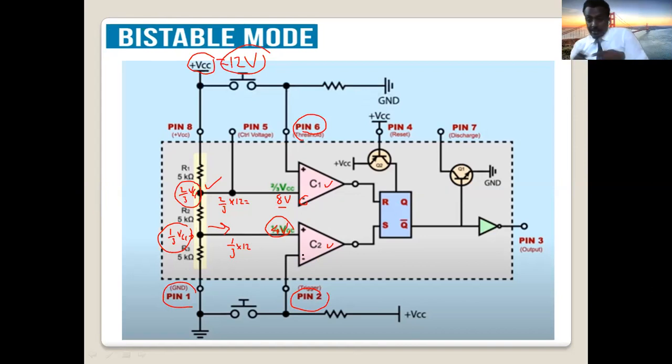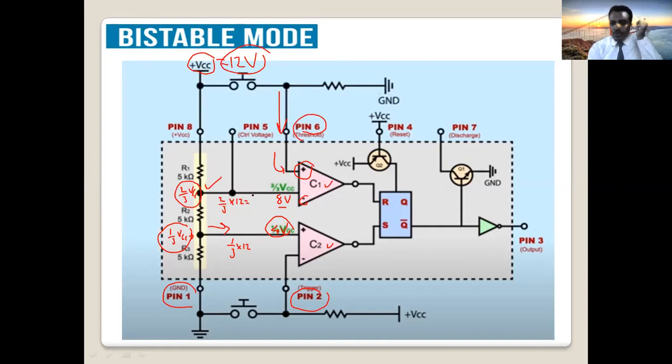In the 555 timer, we have 2 comparators, C1 and C2. The first comparator compares 2 things. Whatever you apply at pin number 6 goes to the positive terminal. The other, negative terminal comes from the voltage divider, from the battery: always 2/3 of VCC.